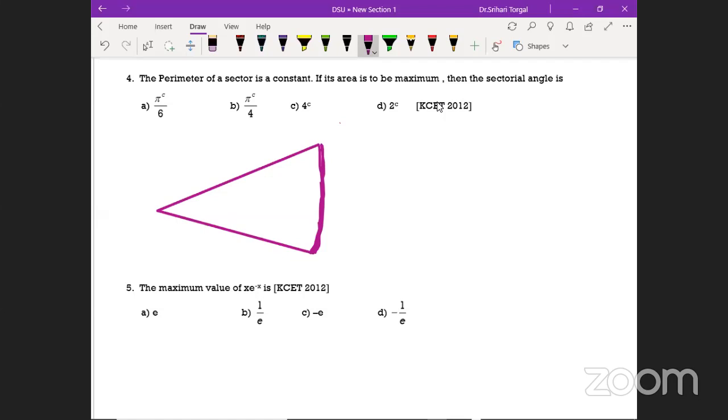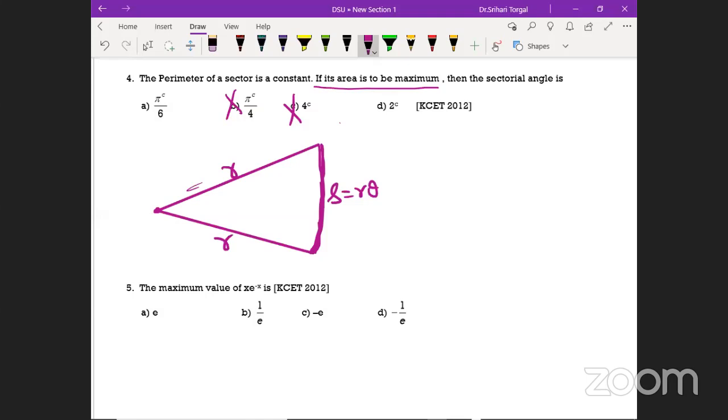Now, they are telling that if the area is to be maximum, the inside area must be maximum, and the perimeter of the sector is a constant. They have given the perimeter R, and S is equal to R theta, right? And they have asked you to find out, no, it is not option C, and it is also not option B. See here, S is equal to R theta.